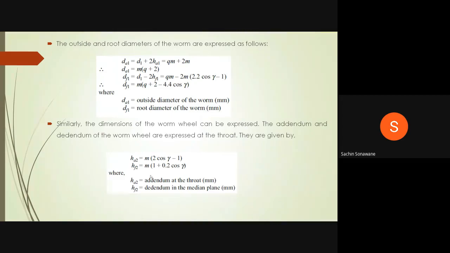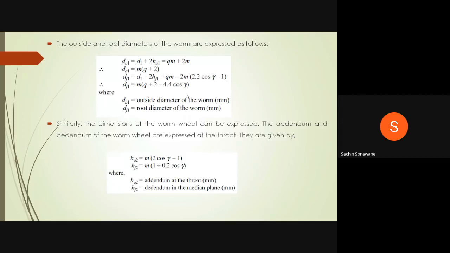Similarly, df1, where da1 is the addendum circle diameter of the worm and df1 is the dedendum circle diameter of the worm, is equal to d1 minus 2hf1, which is equal to qm minus 2m into (2.2 cos gamma minus 1). Therefore df1 is equal to m into (q plus 2 minus 4.4 cos gamma), where da1 is the outside diameter of the worm in mm, and df1 is the root diameter of the worm in mm.